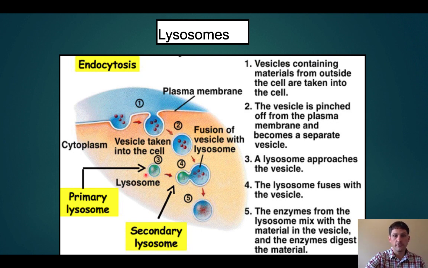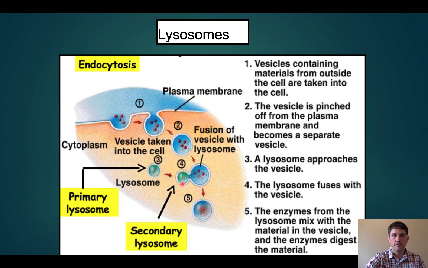Well, these lysosomes, we see we have a primary lysosome because it hasn't bound to that vesicle yet. That primary lysosome migrates its way to this newly introduced vesicle, and when it finds that vesicle, it then fuses its membrane. When it does that, we call it a secondary lysosome.